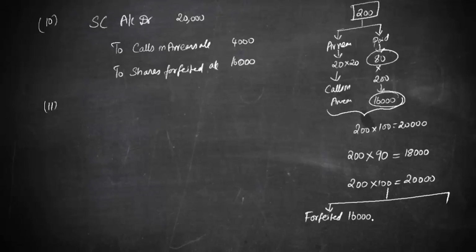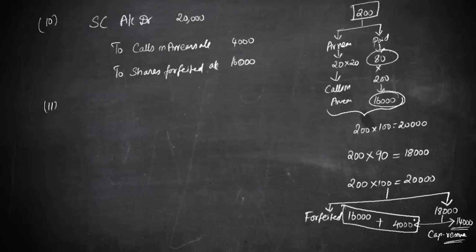But already 16,000 is realized, and now another 18,000 is going to be realized because of the new issue. But from this 18,000, only 4,000 should go to capital. So 16 plus 4, you will have 20,000. It means there is a balance amount of 14,000. What is this 14,000? This is nothing but capital reserve.